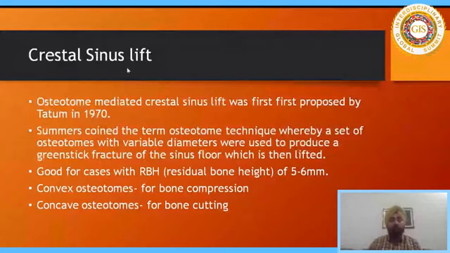It is very good for cases with residual bone height of 5 to 6 mm. We use two types of osteotomes, one convex and one concave. Convex osteotomes help with bone compression, while concave osteotomes have a cutting edge at the periphery for bone cutting.